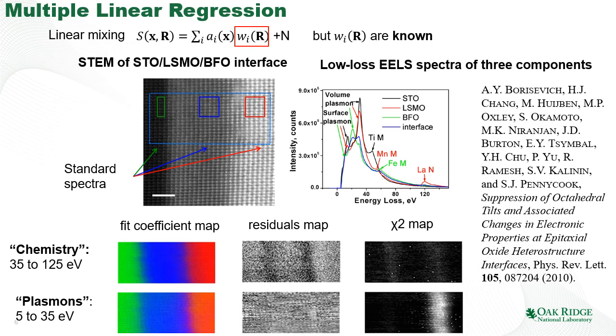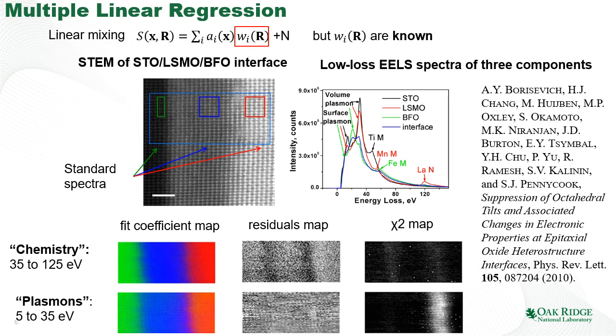This is an example of scanning transmission electron microscopy imaging of the interface between strontium titanate, lanthanum strontium manganite, and bismuth ferrite. We can focus our electron beam inside the region which is pure strontium titanate, which is pure LSMO, and pure BFO.